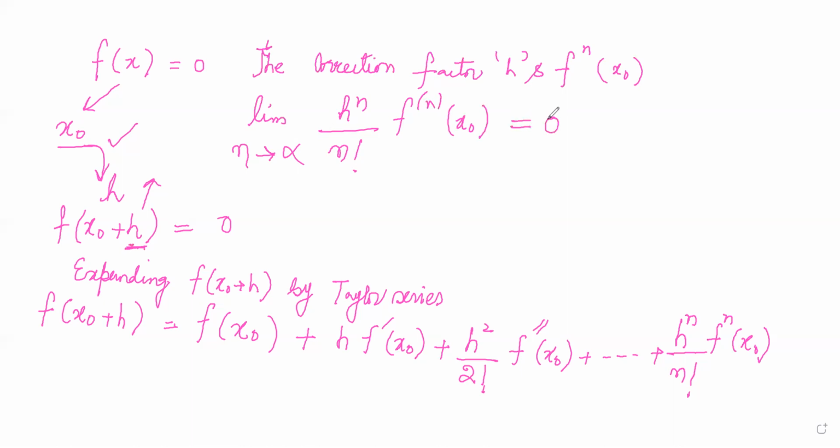The value of the correction factor is to be selected in such a way that as n goes to infinity, the higher order terms in the Taylor series expansion approximate to 0.